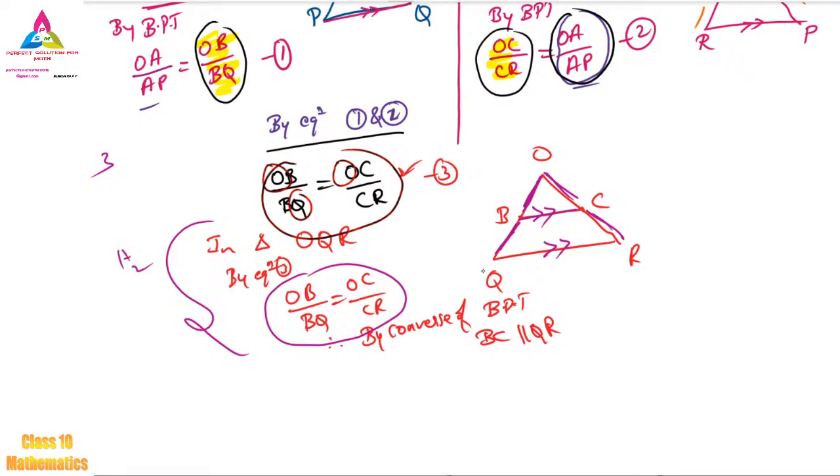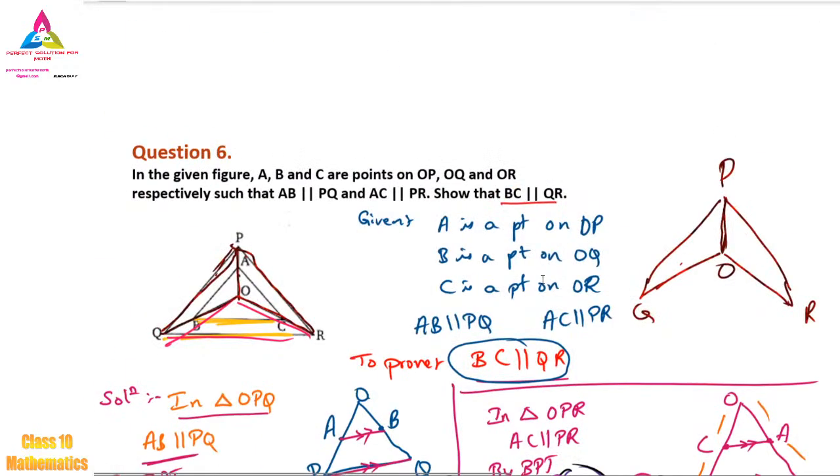Here you can check, O we have and P we have. Here also we can see O we have and P we have, means it is similar. So which side is similar, that is very important. So which is the common side, according to that we can prove it. So here OP, in that we have the midpoint, that is A. So OA divided by AP is common in both the triangles. So in this way we have to consider.